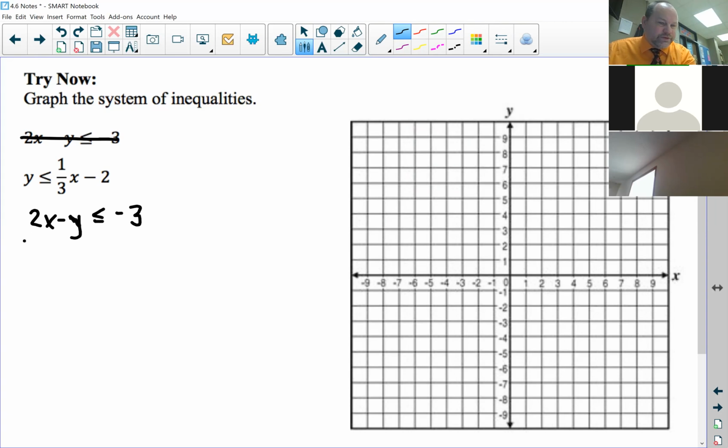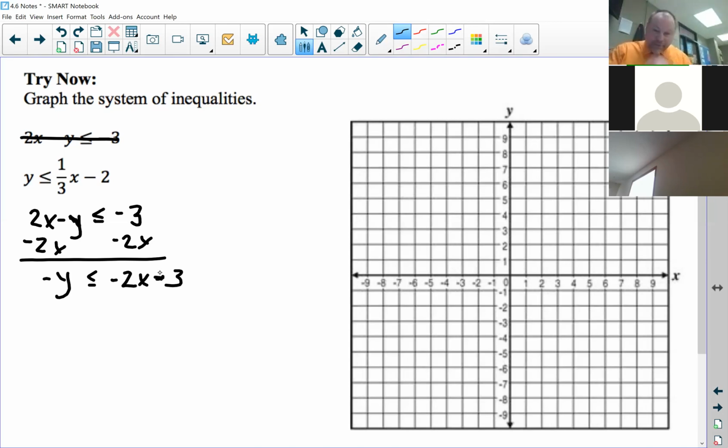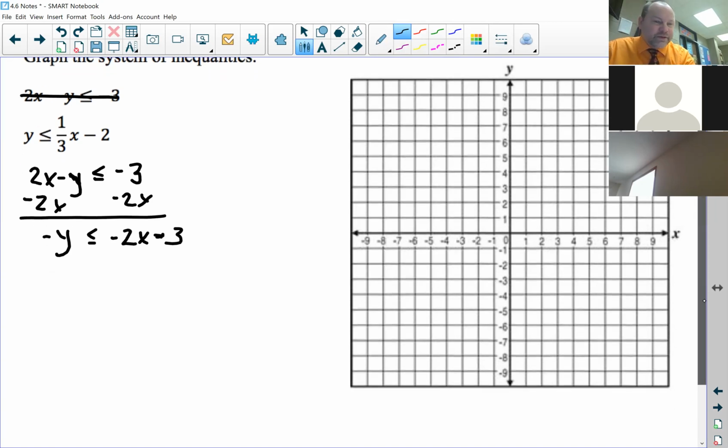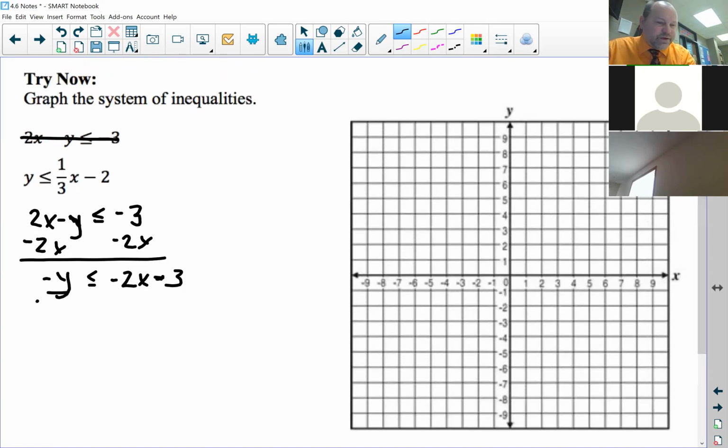So I would subtract 2x from both sides. Remember, I can't combine any terms on the right-hand side because they don't both have x's. So it just has to be that expression, negative 2x minus 3, then divide both sides by negative 1.